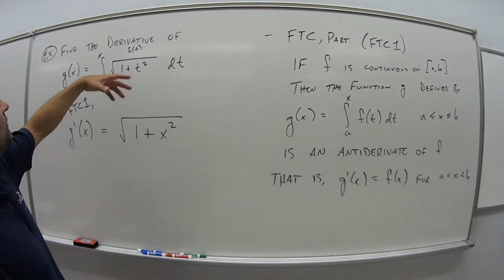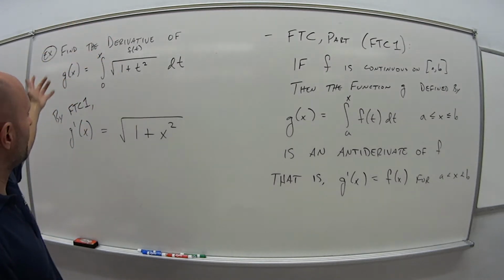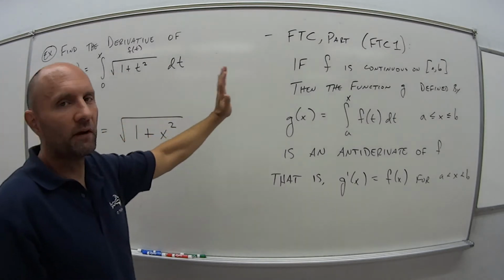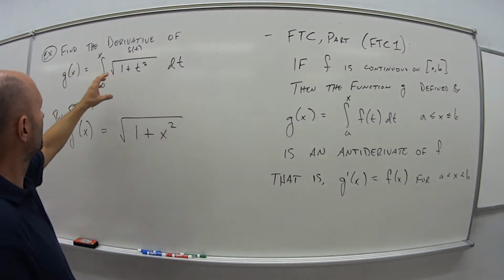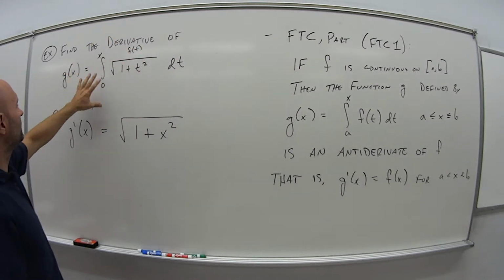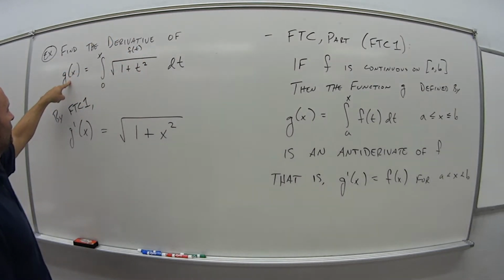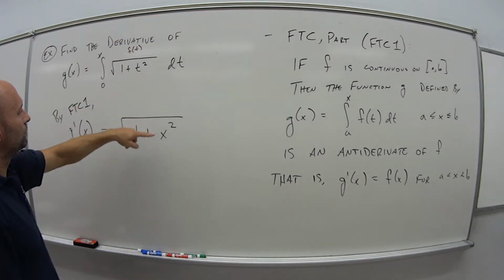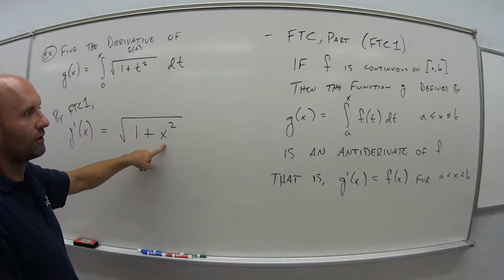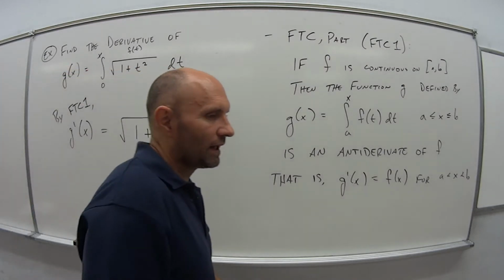We don't actually need to figure out this integral and then take the derivative. The fundamental theorem of calculus already says that if f is continuous, then whatever this integral is, the derivative g prime is just the f function with x plugged in. So again, it saves us a lot of time.